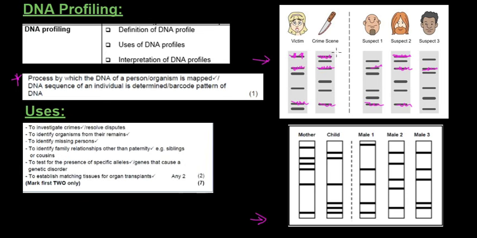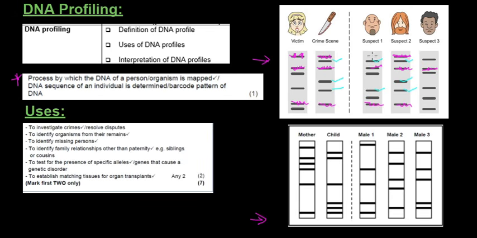Now we need to see which of these suspects' DNA matches the most with the DNA found on the weapon. So here, let's see who that corresponds with. This one, this one, and this one. This one's a bit higher, so it doesn't correspond. The next one would be here, corresponds over there, and then lastly, now we need to see which of the suspects has the most corresponding barcodes with the DNA found on the weapon.